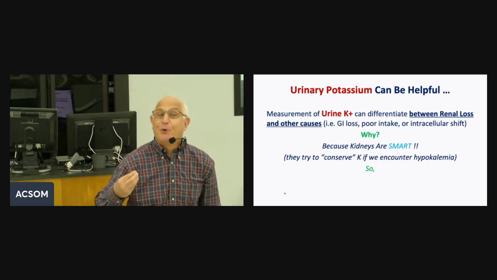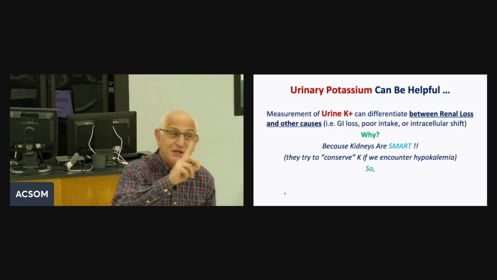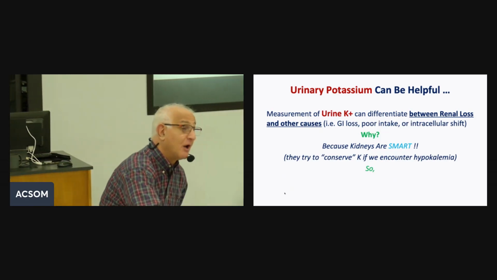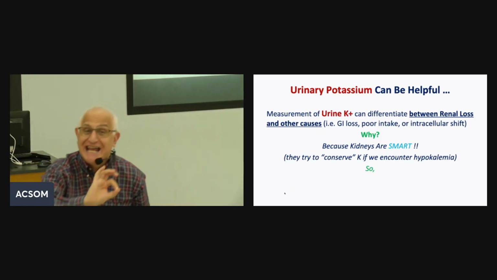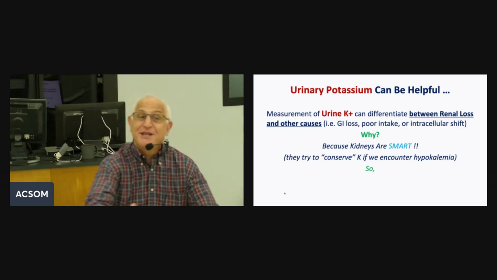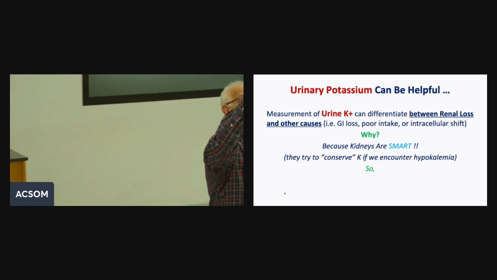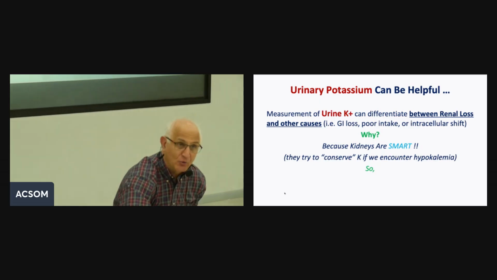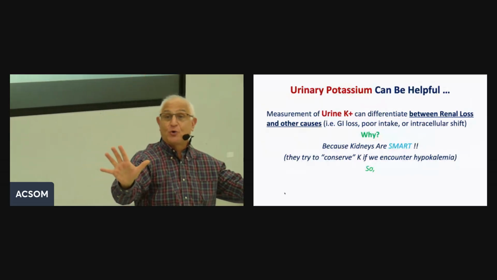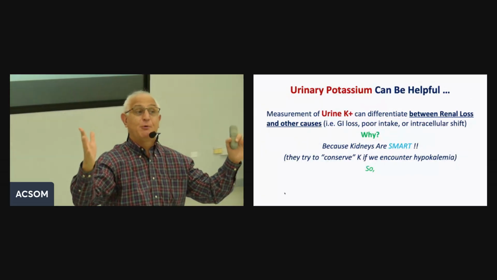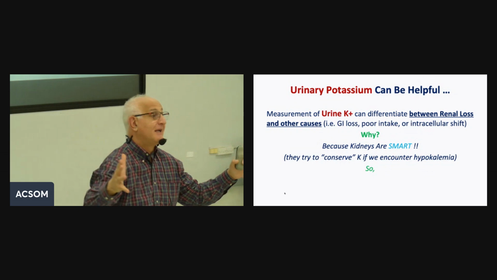If I have hypokalemia, my kidneys, if normal, will not let any potassium in the urine. They will conserve all the potassium. Do you think my urine potassium will go down or will go up if my kidneys are normal in hypokalemia?